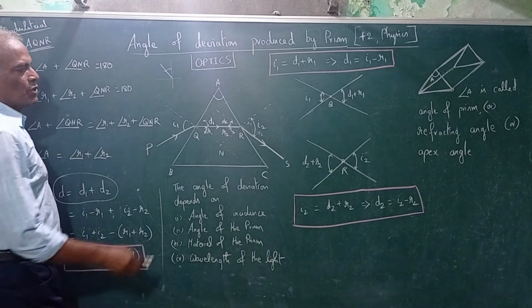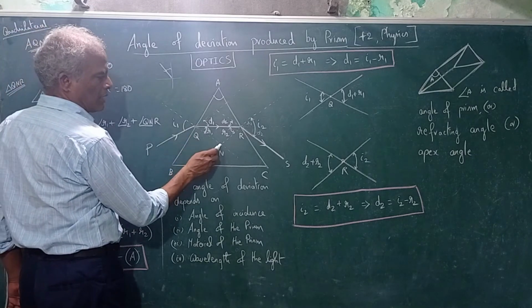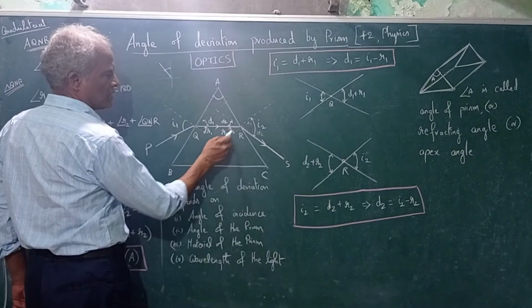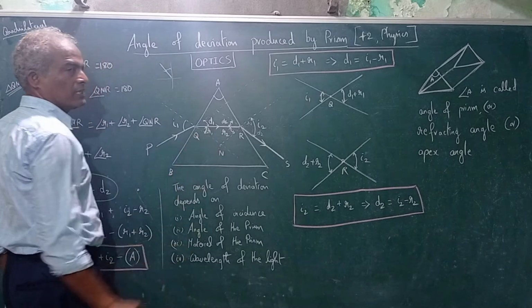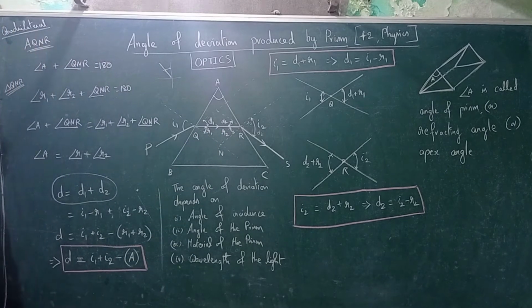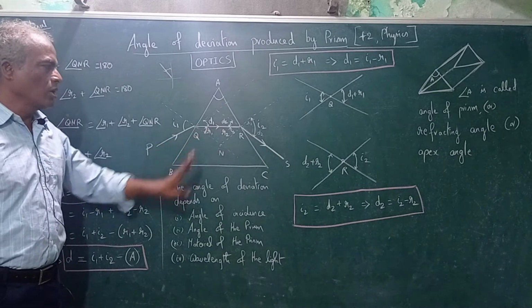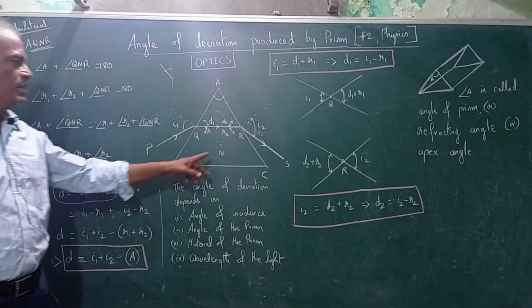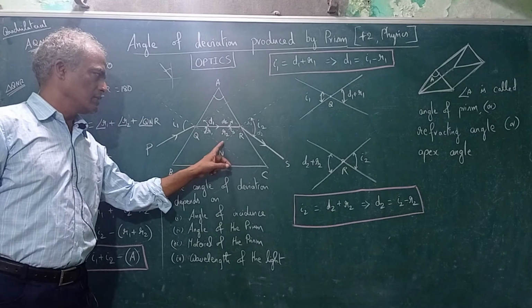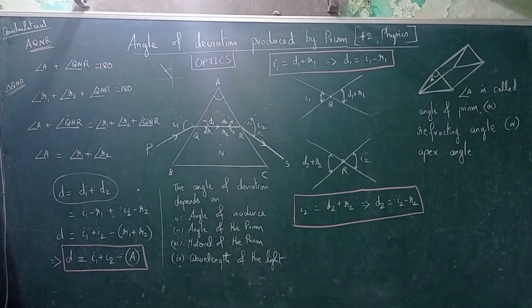Similarly, if you consider the triangle Q, N, R, if you add all these three angles, you should get 180 degrees. So angle R1 plus angle R2 plus QNR is equal to 180.